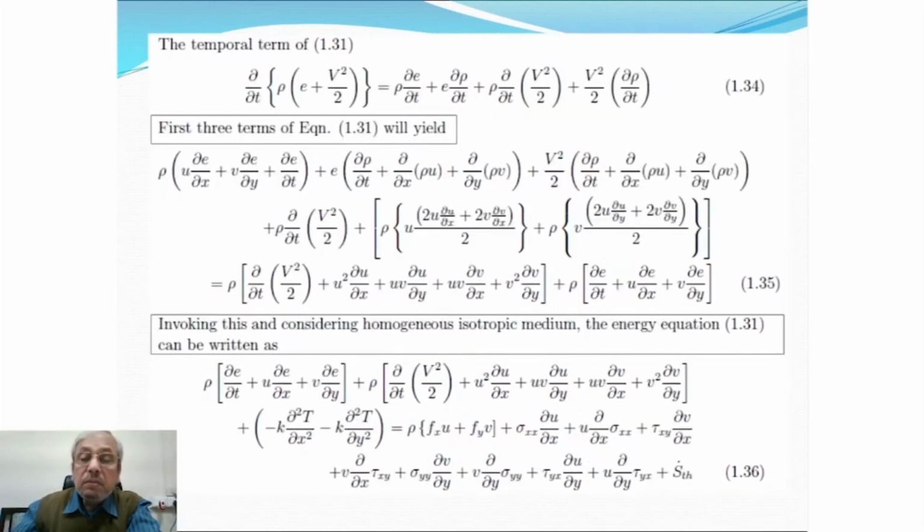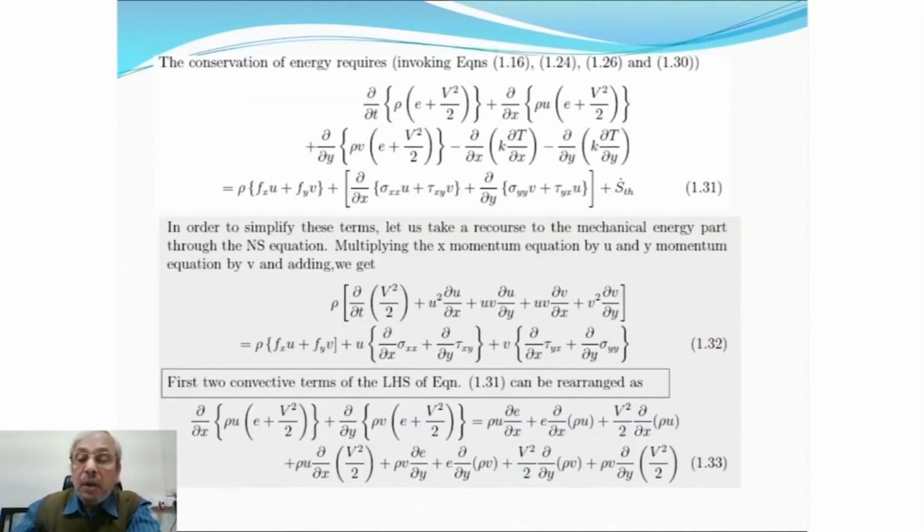Now if we recall, in between we evaluated equation 1.32, which is basically the mechanical energy equation. How did we find it? We found it by multiplying the x momentum equation by u, the y momentum equation by v, and then adding up. So this was the mechanical energy equation.